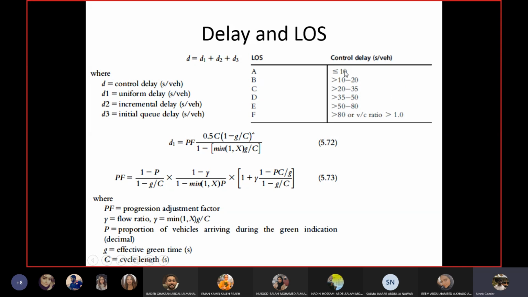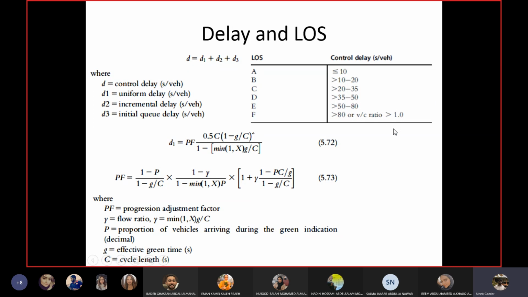Once you find out the delay, you can find out the level of service. You can see here for level of service F, they have given two conditions: either the delay is more than 80 seconds, or the V by C ratio is more than 1.